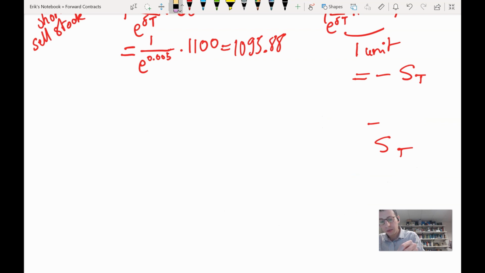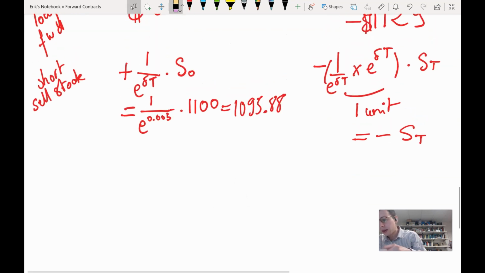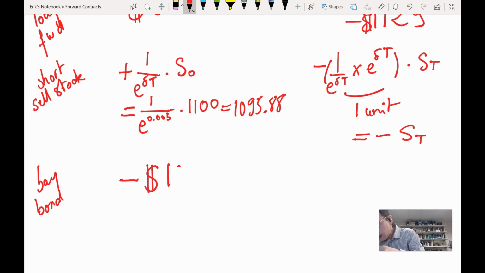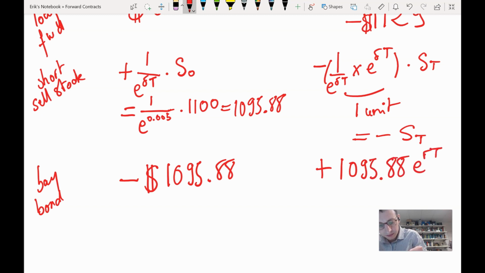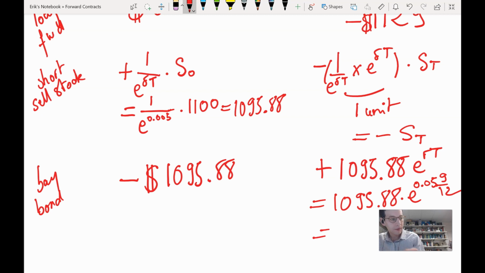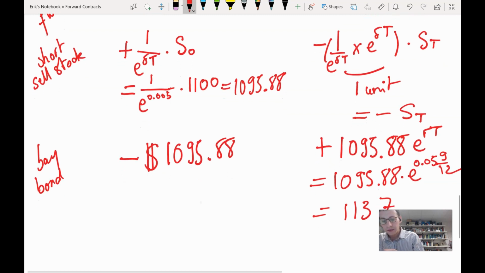All right, so let me clean this up real quick. I've shown you where we're going. So let's buy a bond. How much of a bond do I buy? Well, I invest exactly all the money that I have from short selling the stock, and that means that next period I receive my principal with interest. $1095.88 at a rate of 0.5% for 9 months turns out to be 1137.